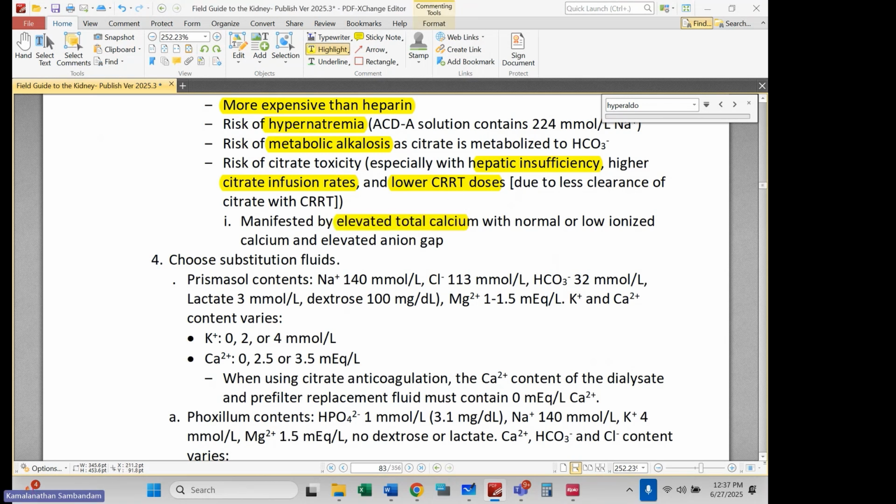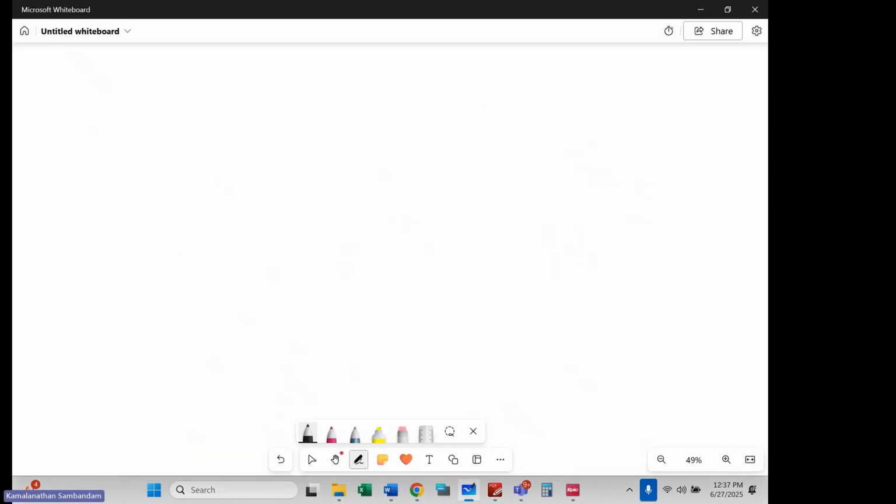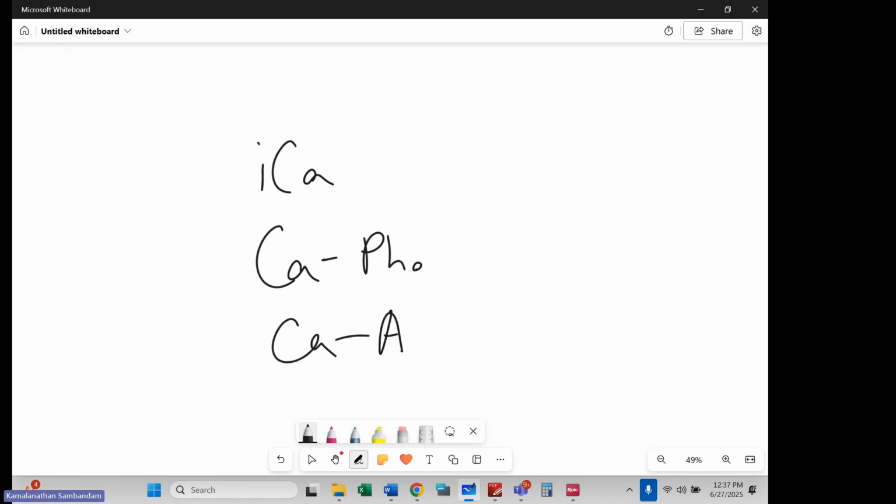The manifestation that you should look for citrate toxicity is a total calcium, which is high, but an ionized calcium that is low or normal. Okay. Remember, total calcium is going to be your free calcium, that is your ionized calcium, your calcium that is bound to phosphorus, your calcium that is bound to albumin.